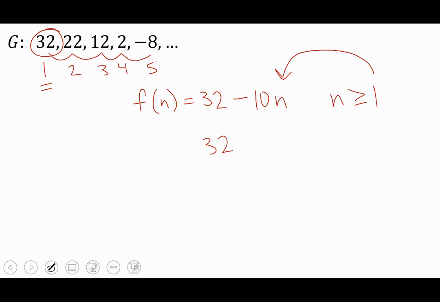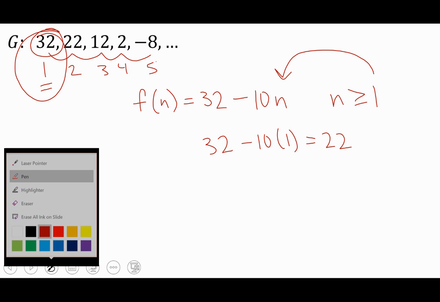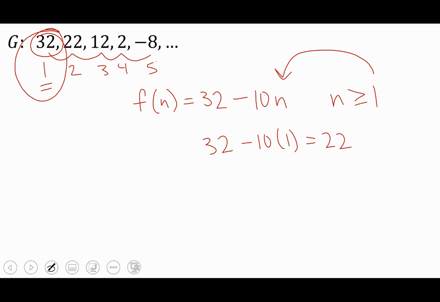So 32 minus 10 times 1 is equal to 22, and it was supposed to equal 32. So this is an example of when you would then do the parentheses, n minus 1, and then check. So 32 minus 10 times 1 minus 1, because I put a 1 in for n, and then that does equal 32.